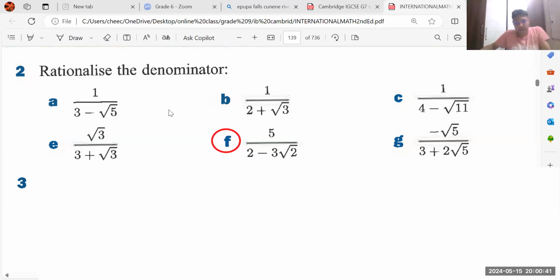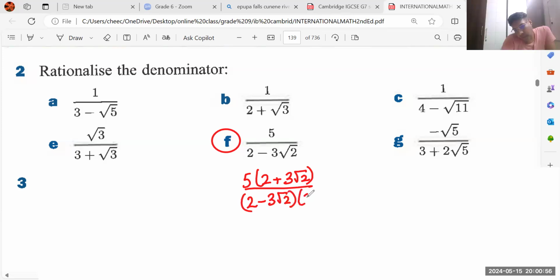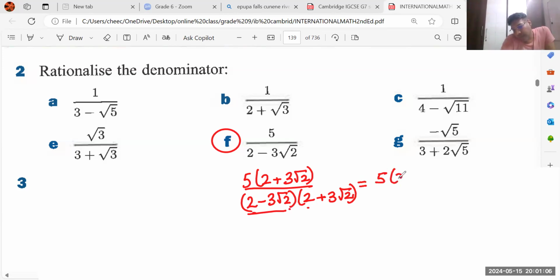So let's see, guys. We will multiply with 2 plus 3 root 2. Everyone did that, yes or no? We got 10 plus 15 root 2. No, beta, not exactly. This will be minus 10, minus 15. This will be a square minus b square. So your numerator remains the same.